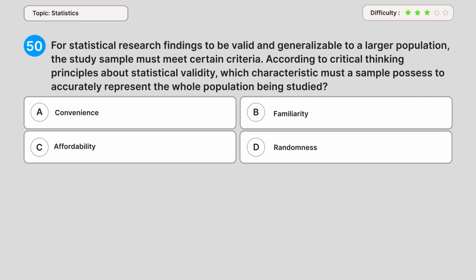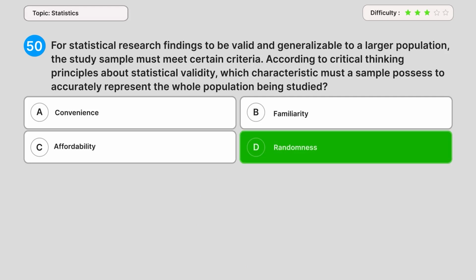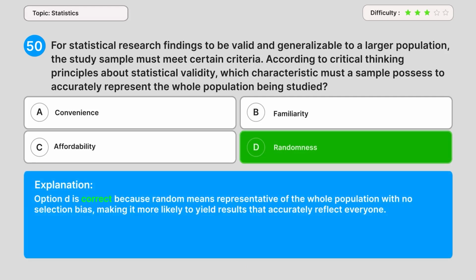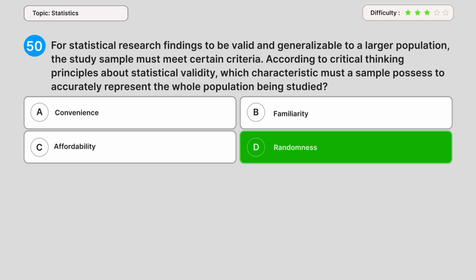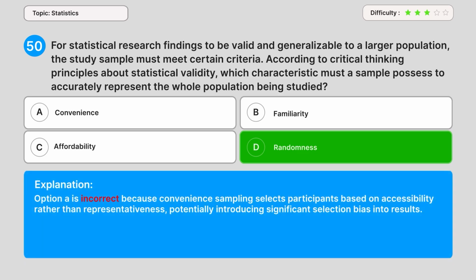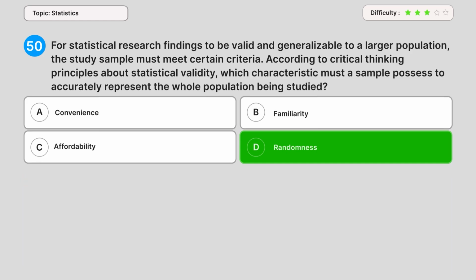Correct answer: D. Randomness. Explanation: option D is correct because random sampling ensures every member of the population has an equal chance of being included, thus minimizing bias and maximizing representativeness. Option A is incorrect because convenience sampling selects participants based on ease of access, which does not guarantee representation of the entire population.